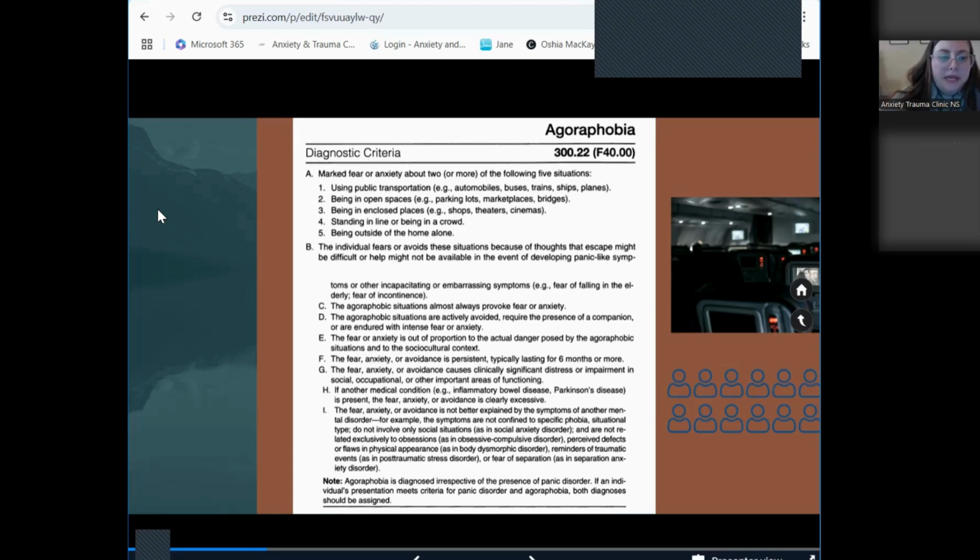Diagnostic criteria B, the individual fears or avoids these situations mentioned above because of the thoughts that escape might be difficult or help might not be available, like we said before, in the event of developing those panic-like symptoms or other incapacitating or embarrassing symptoms. Fear of falling in the elderly, for example, comes up a lot.